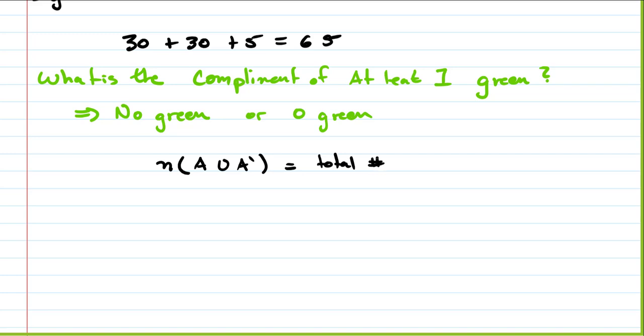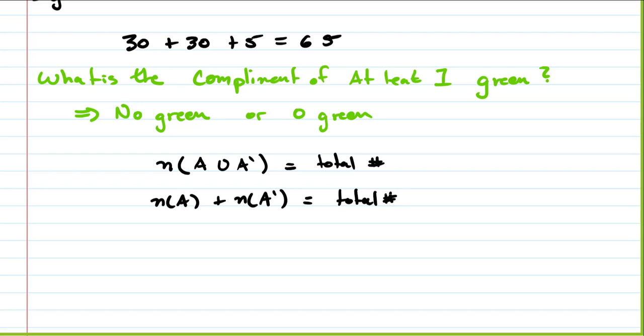Because you're either in the set or you're not, right? So then we can use this to help us calculate these things individually. Because by the addition principle, sets and their complements always have an empty intersection, so they're disjoint.